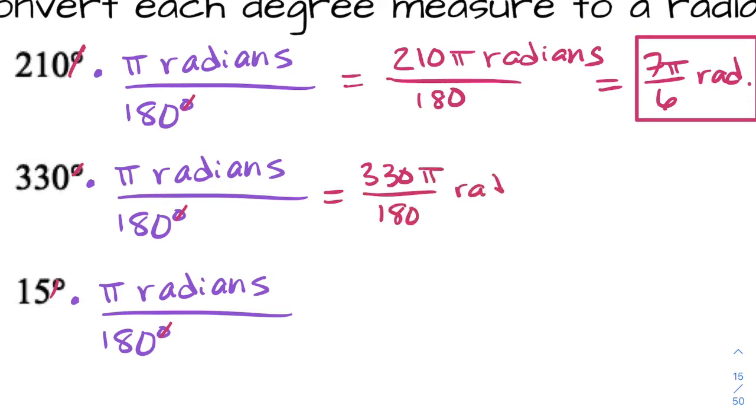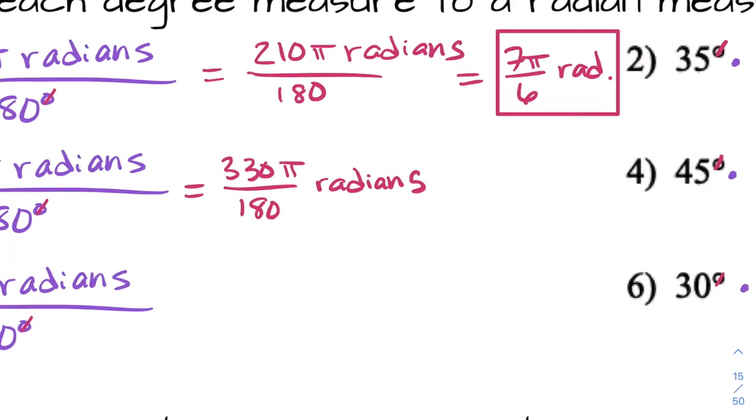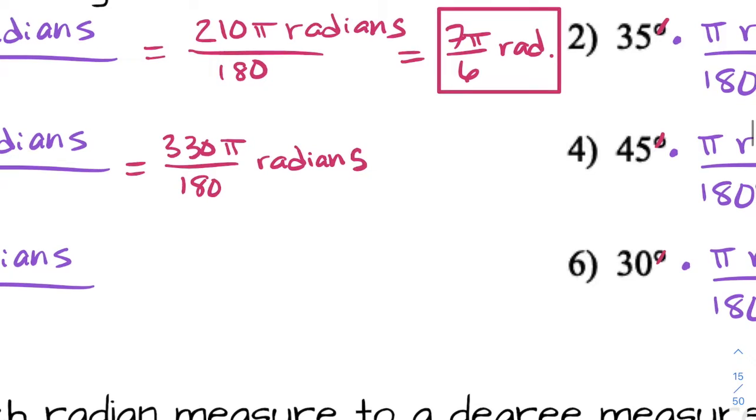You can put radians afterwards. So the question is, how does 330 over 180 simplify? I divided both by 3, but they can also be divided by 10. So I get 11 pi over 6 radians.